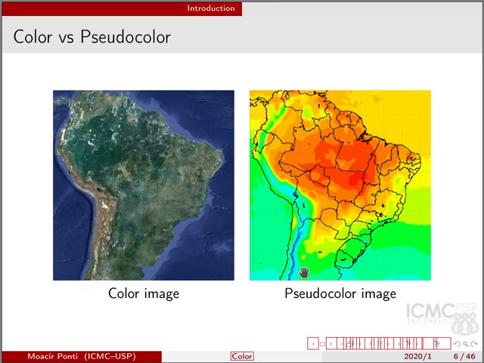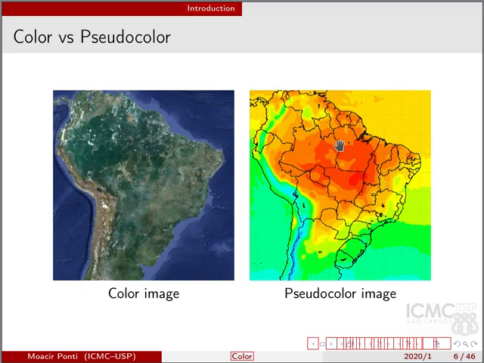So bluish colors are metaphors for lower temperatures, while red colors are associated with higher temperatures. As you can see here in Mato Grosso, it's much warmer than around here between Argentina and Chile, where we have the Cordillera de los Andes.